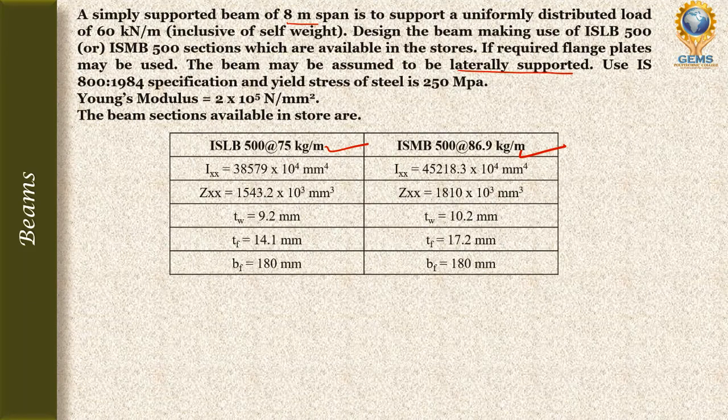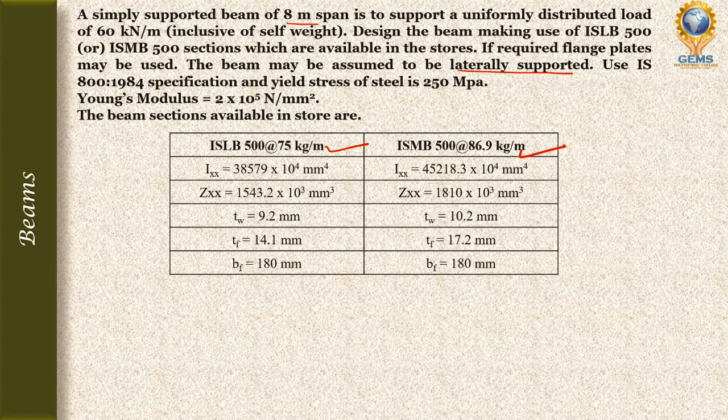So use IS 800 1984 specification, and yield strength of steel is 250 megapascal. Young's modulus is 2 into 10 to the power 5 Newton per mm square. The beam sections available in store are ISMB 500 at 75 kg per meter and ISMB 500 at 86.9 kg per meter, and their details are given.